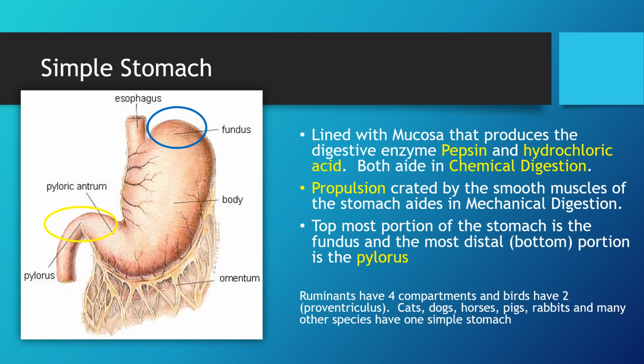They also produce enzymes that help digest food along with hydrochloric acid, which is what makes it such a low pH within the stomach. Both the digestive enzyme pepsin and hydrochloric acid help in chemical digestion. It's the first time that chemical digestion really starts to take hold.